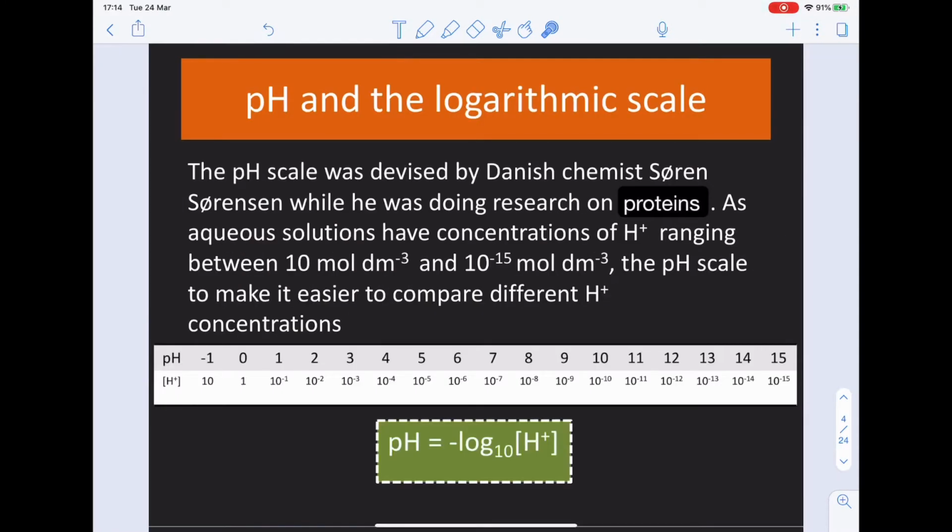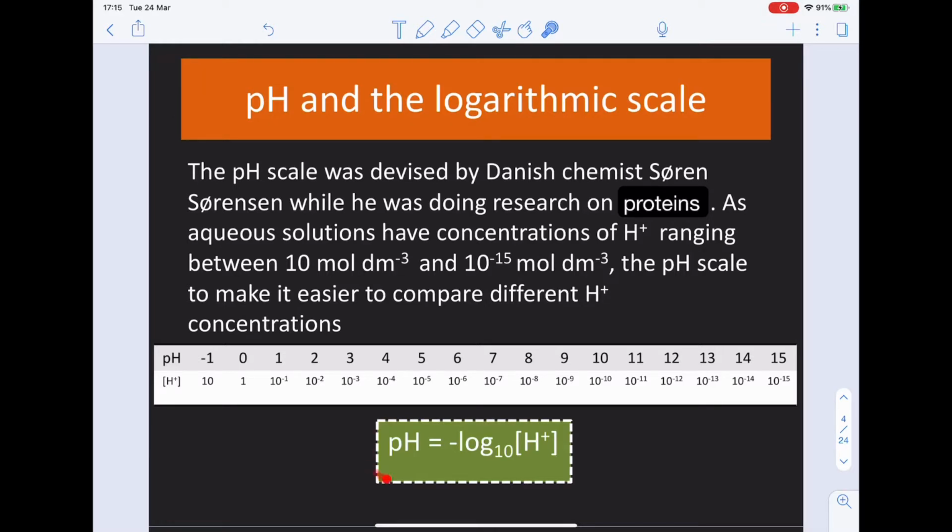So the pH scale was devised by a Danish scientist who was doing some research on proteins and the effects of H plus ion concentration on proteins. And his scale basically shrank the large range of concentrations you can have for H plus concentration into a smaller scale. So we used log to the base 10 before to shrink the scale of difference in successive ionization energies for a particular atom.